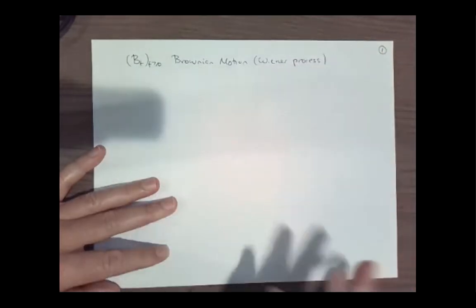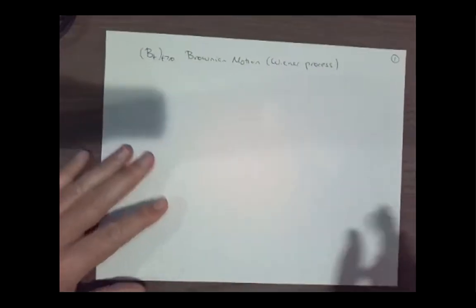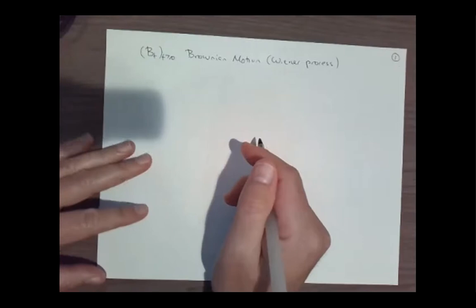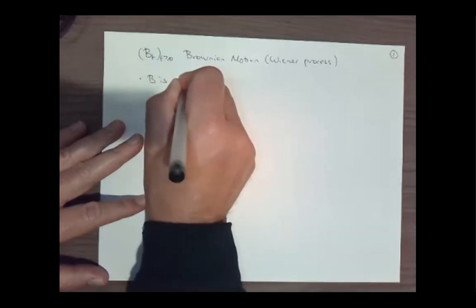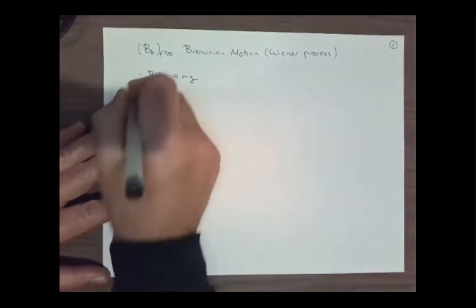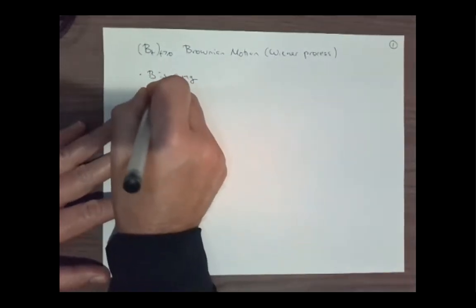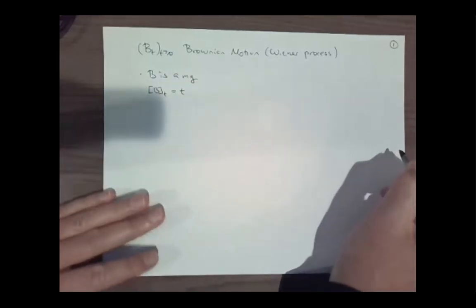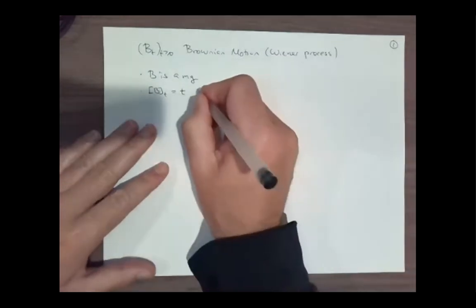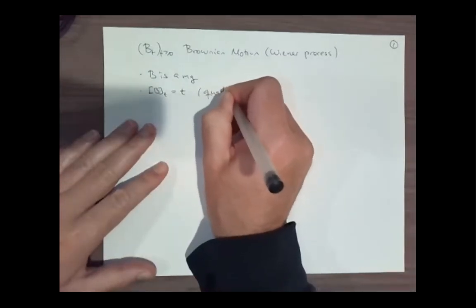Right, so this is a collection of random variables that satisfy some properties. And most prominently, we know that B is a martingale. And we also know that the quadratic variation at time t is simply just t. Right, so this is just a quadratic variation.